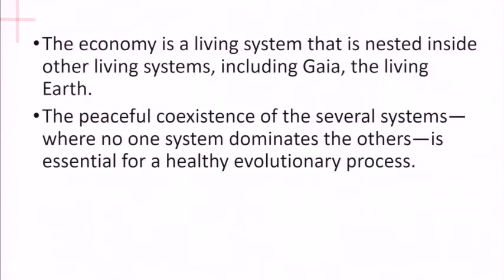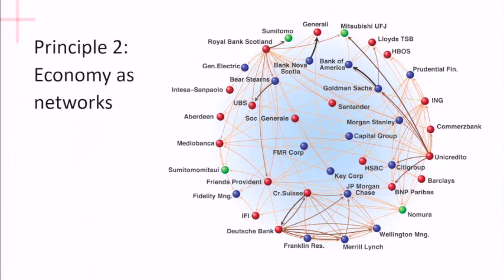The economy is a living system that is nested inside other living systems and the environment, which is the earth, and it also includes the overall earth system, which is the Gaia. The peaceful coexistence of all these systems is essential for a healthy evolutionary process.